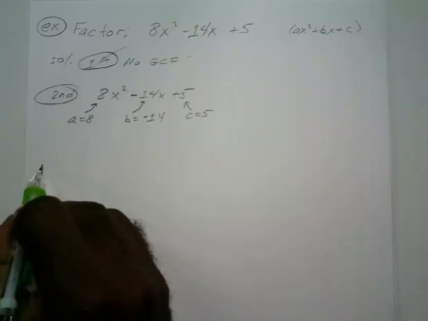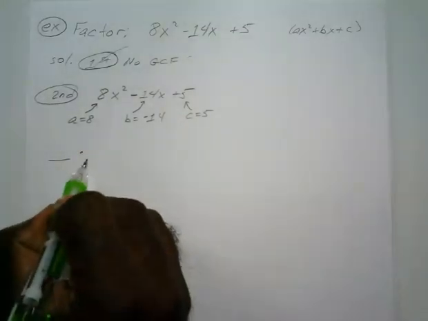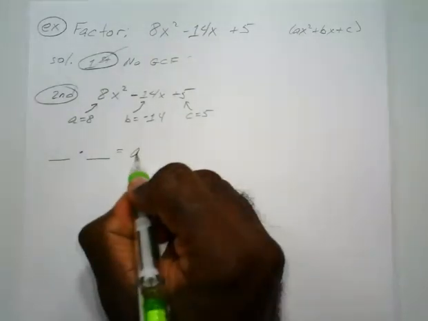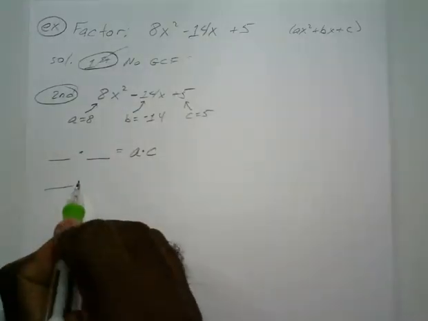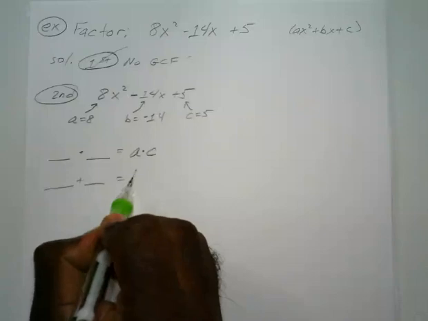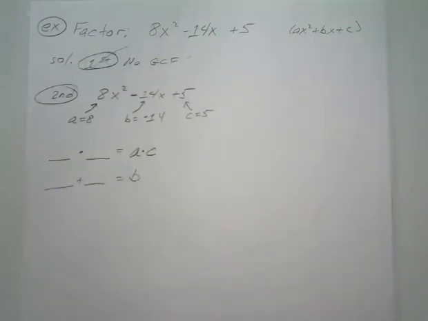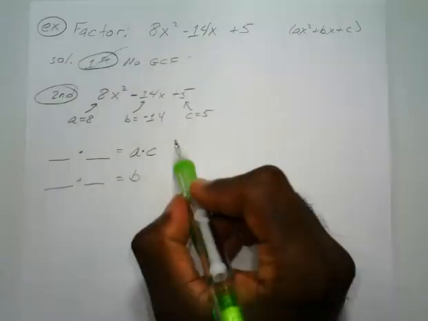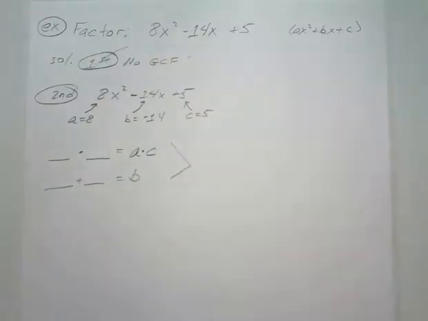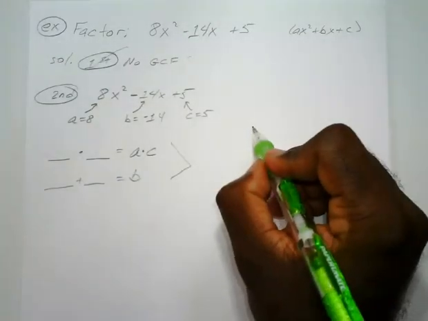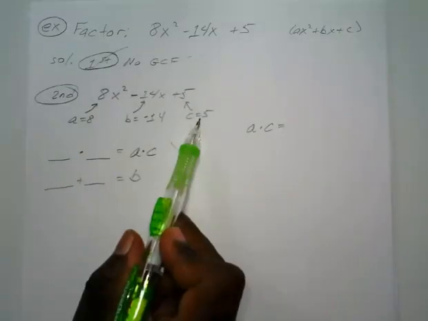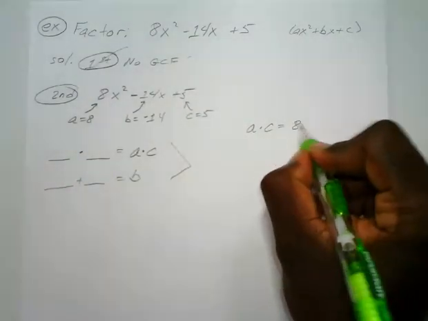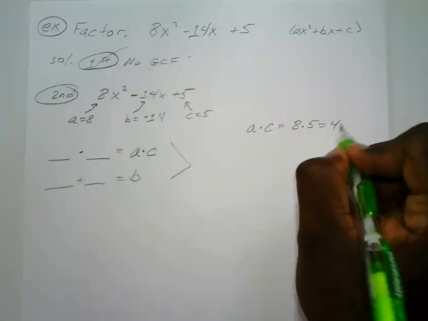That means we have to find two numbers that multiply to equal a times c, and those same two numbers add to equal b. Before we move on, we have to find out what a times c is. a times c is 8 times 5, which is 40.